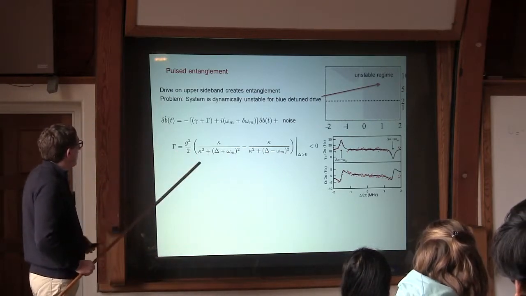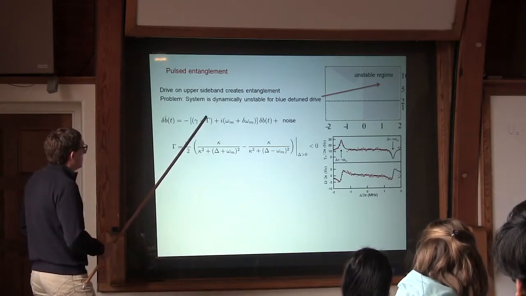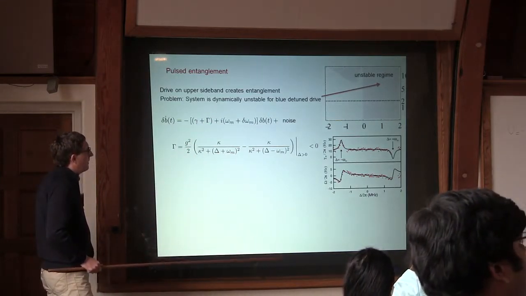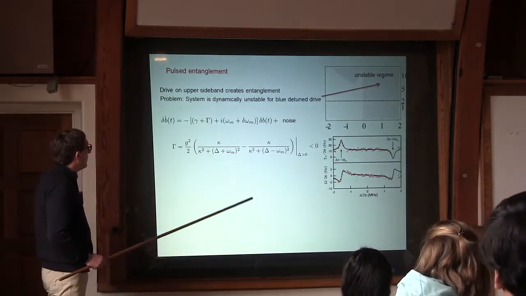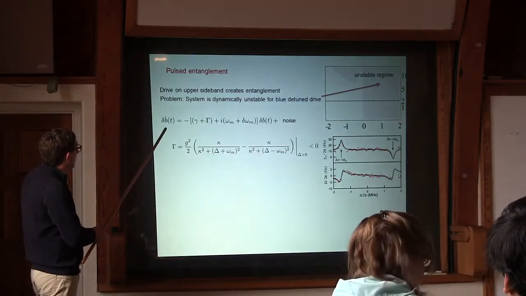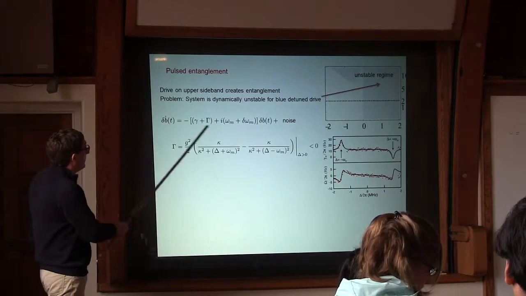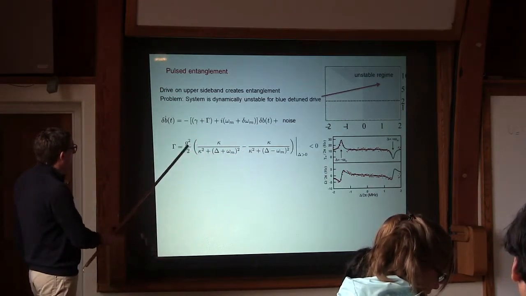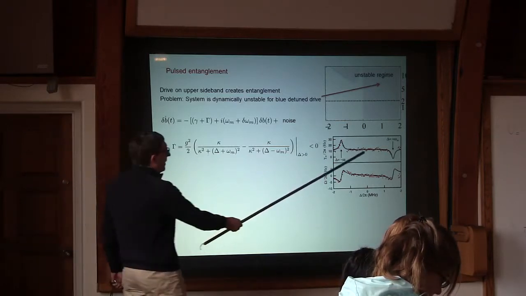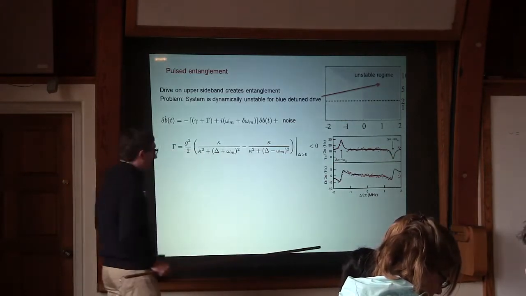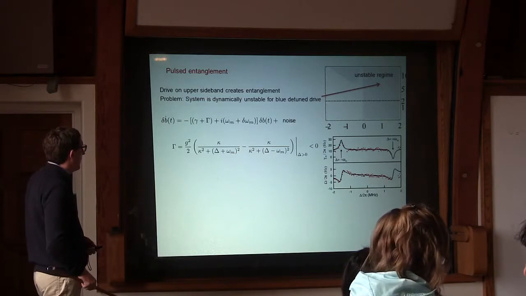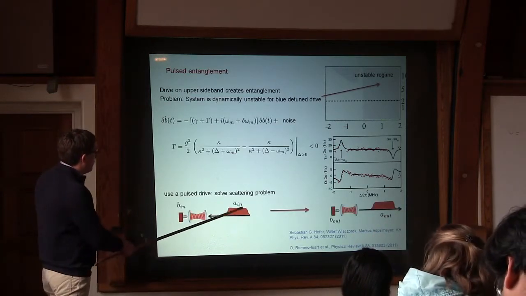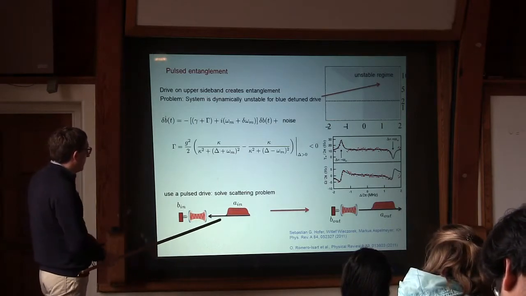But in principle, we can still do that, not in CW operation, but we can drive the system for a short while. So remember that our oscillator here fulfills this effective equation of motion with an optically induced damping, and this damping will be at the upper sideband effectively negative. So we will have this unstable dynamics, but we can drive the system in the spirit of a pulse entanglement, of a scattering again.